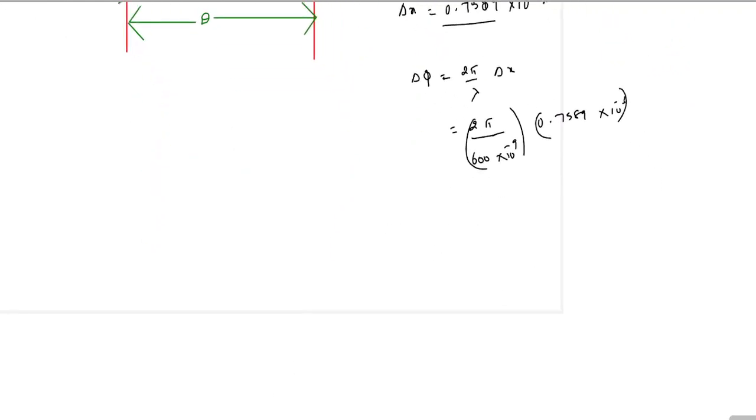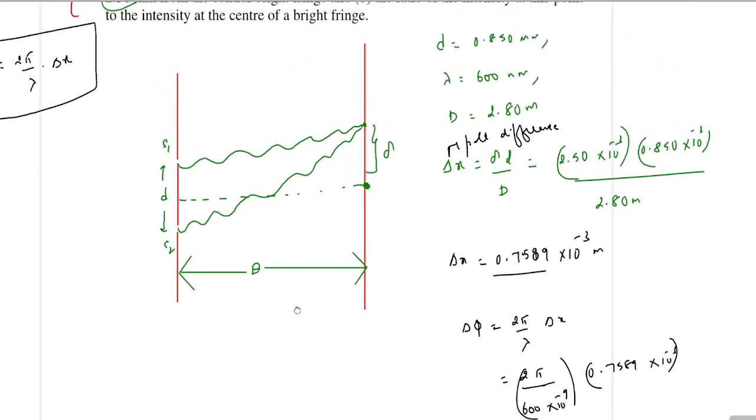To solve it, this delta phi will be around 2.52 into pi. This is delta phi. That's the first part of the answer in terms of radians.